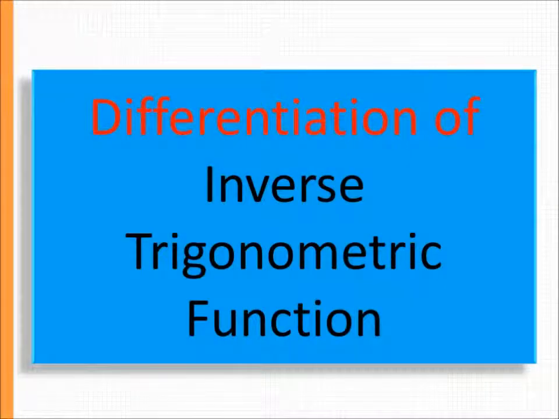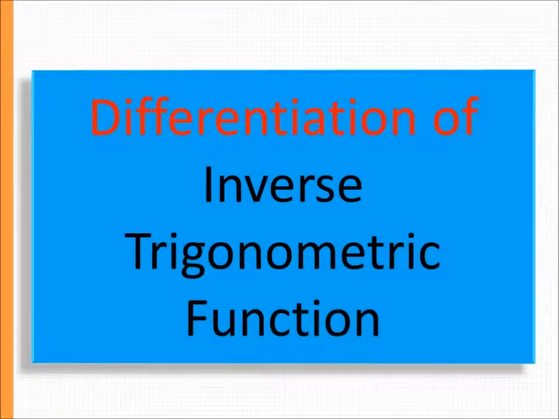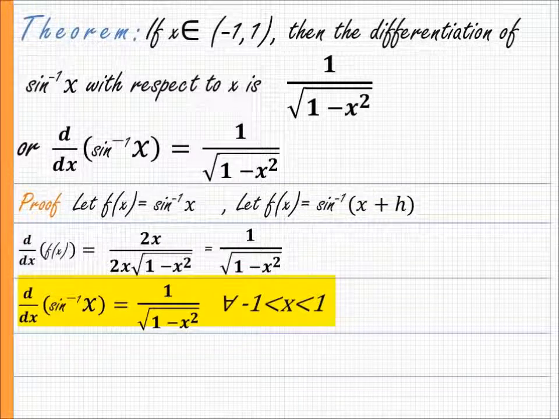So in the last episode, we had proved one important theorem as per which the derivative of sine inverse x is equal to 1 upon square root of 1 minus x square.